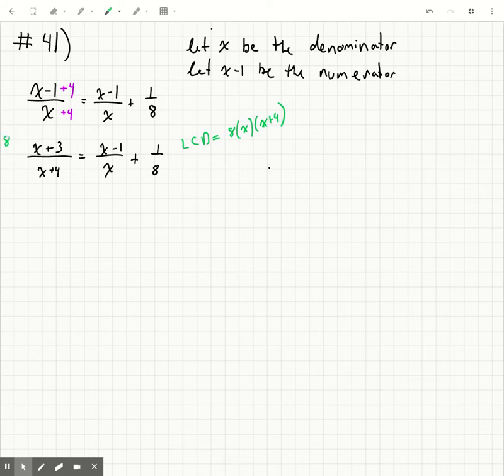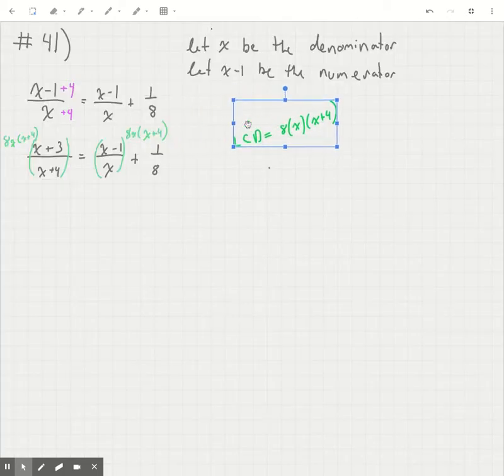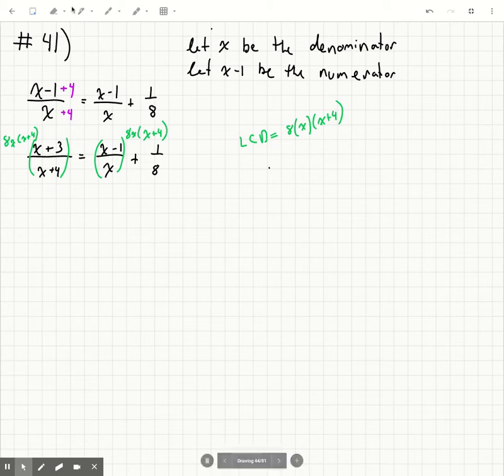So we're going to multiply each of these pieces by the lowest common multiple: 8x times x plus 4, again here 8x times x plus 4, and also here, 8x times x plus 4.